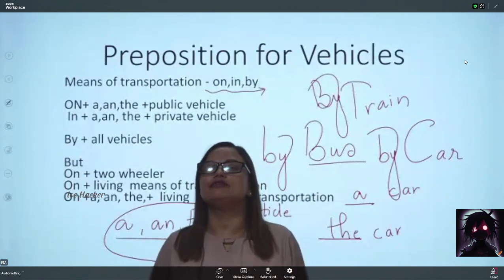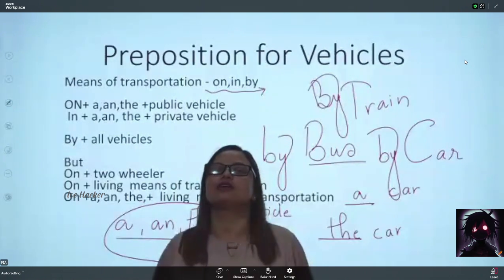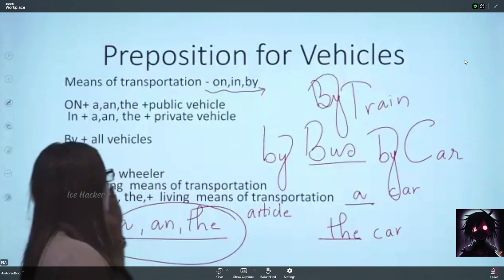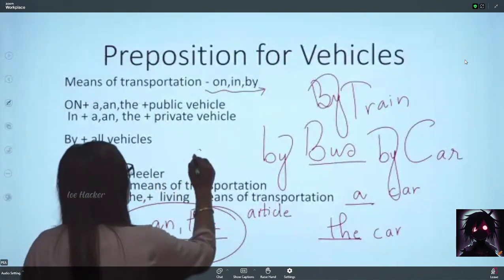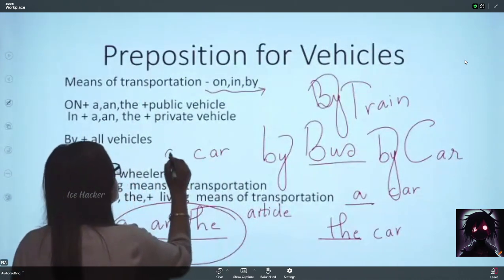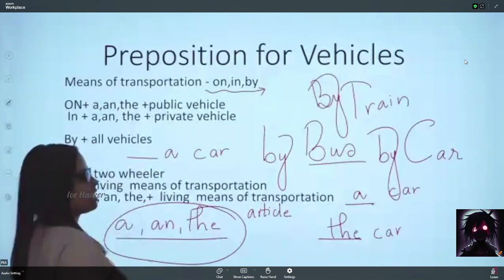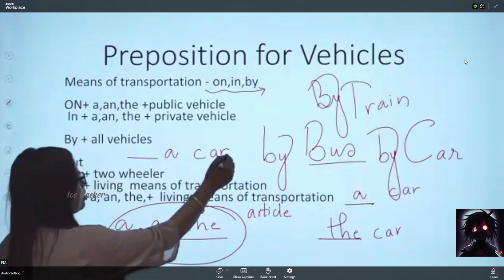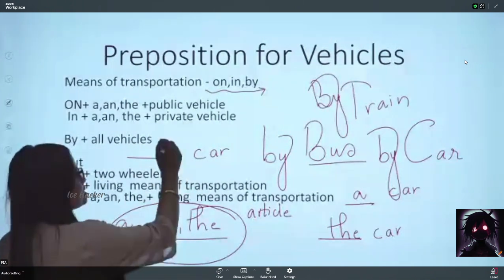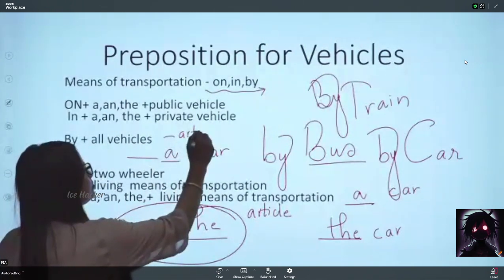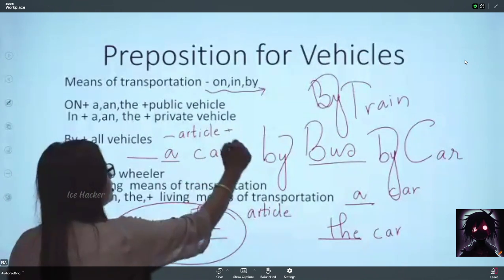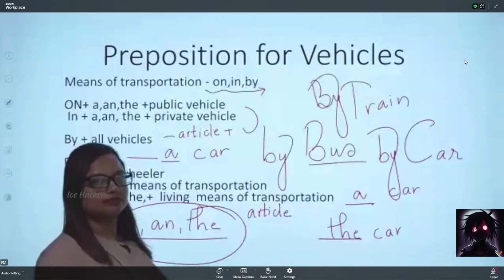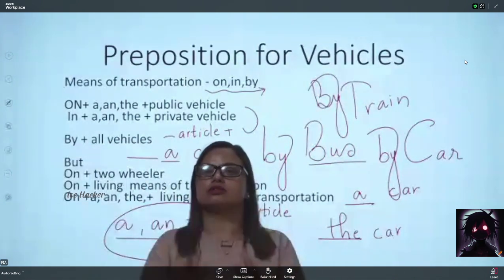You have to identify whether your vehicle is public or private. See once again. Suppose a car: this a stands for article, and car stands for vehicle. Article with vehicle.